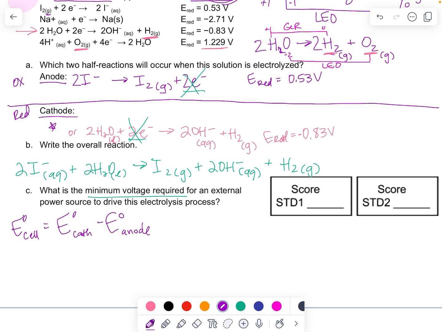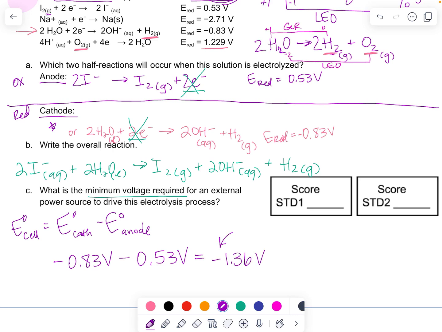My cathode value was negative 0.83 volts minus the anode 0.53 volts. And my value when I add them together is negative 1.36 volts.